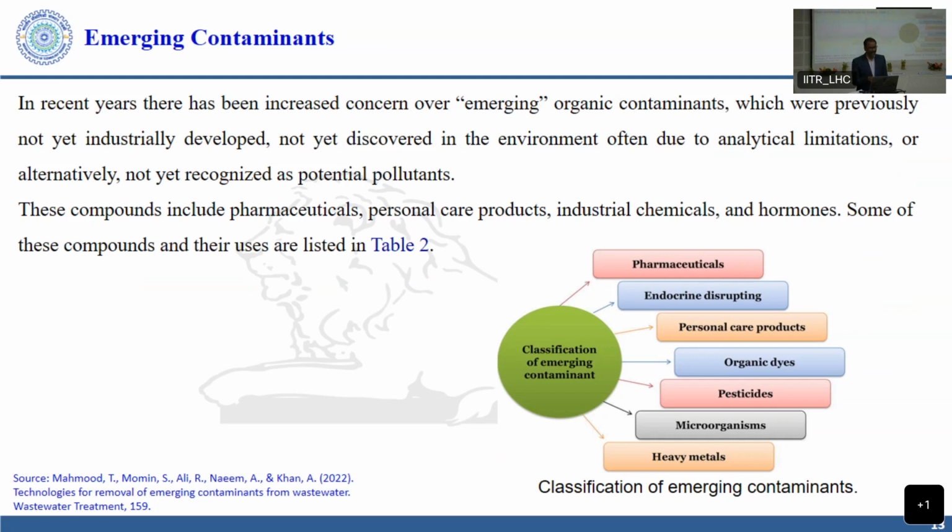Heavy metals, you know already. So the main components are pharmaceuticals, pesticides, and personal care products. These three are the most important in the case of emerging contaminants.